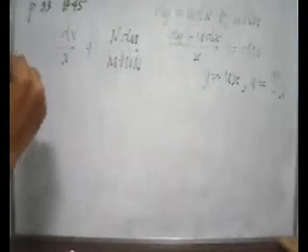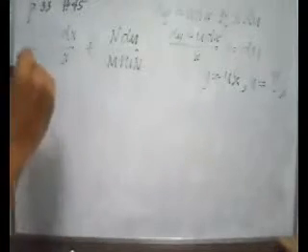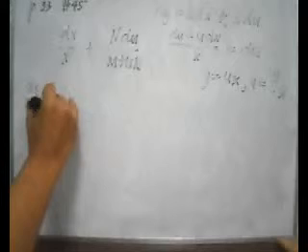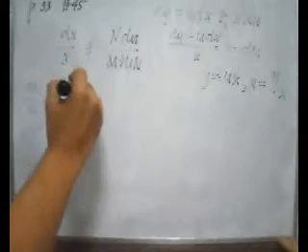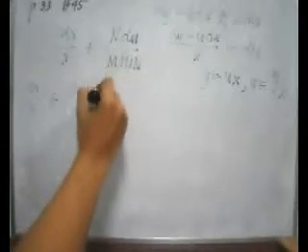Now, when we try to substitute, we have dx over x plus, this is just equal to n times 1 over x.